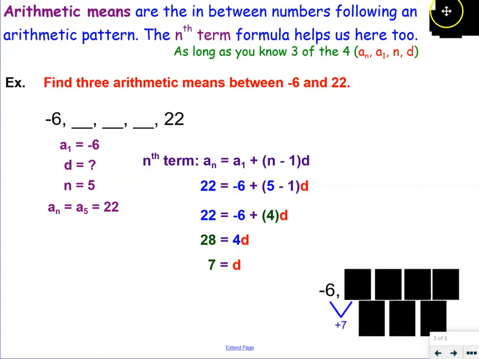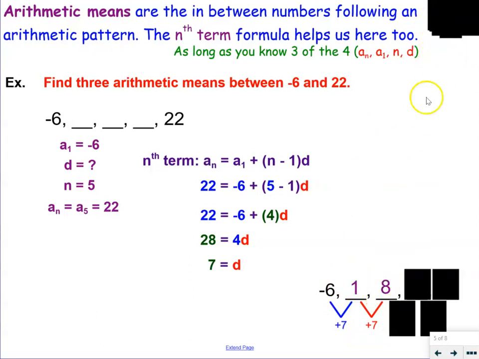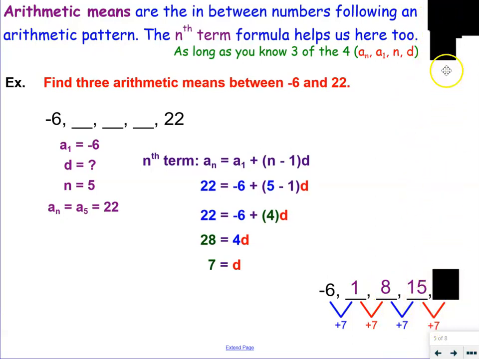I add 7 to get 1. I add 7 again to get 8. I add 7 again to get 15. And then to check, I'll add 7 one more time. And I get, of course, 22. So the 3 arithmetic means are 1, 8, and 15. That makes it follow an arithmetic pattern sequence.